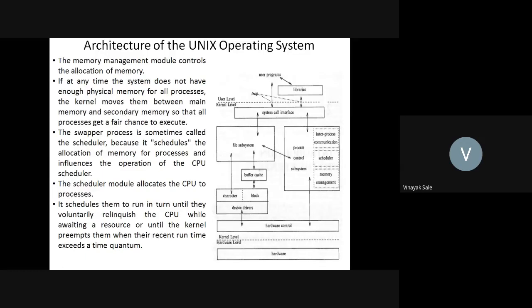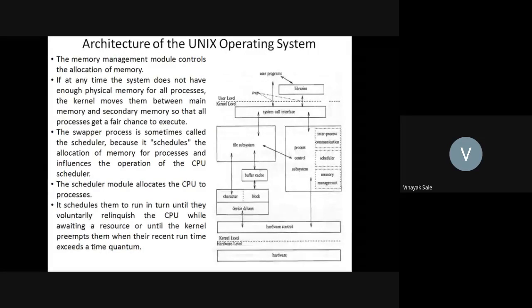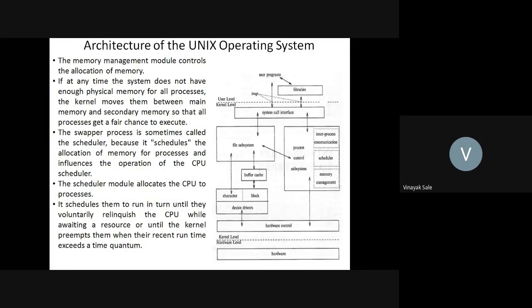If there is not enough main memory, then secondary memory is used so that all processes can execute. This swapping is done by the swapper process, sometimes called the scheduler.